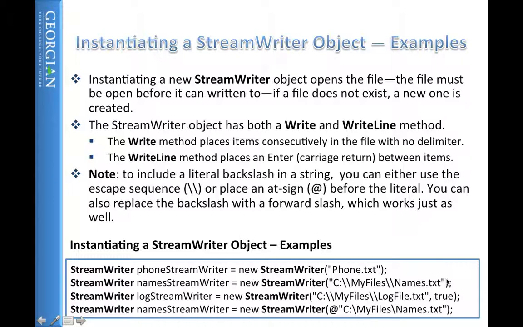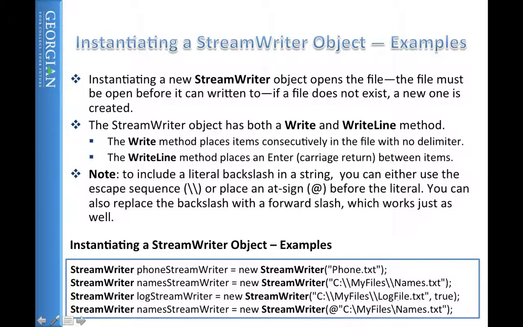But because we're using this .NET file IO, we need to worry about what's in our string. The name of our file string has to be formatted correctly, or else it'll error out. So if we're going to use backslashes like this, C:\myfiles names text, you've got to put that double backslash in there as an escape sequence.